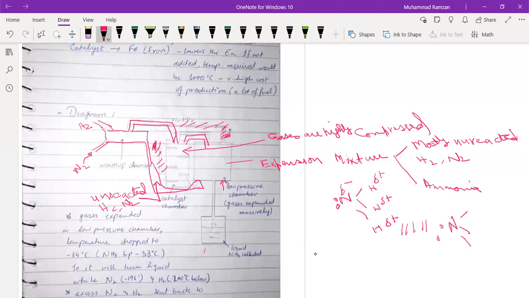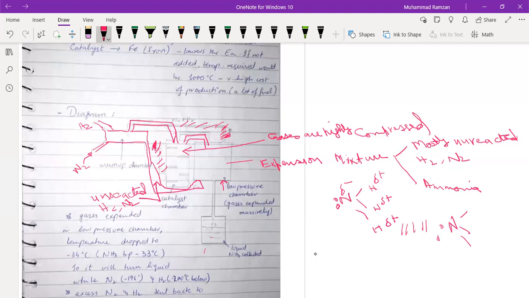Because of hydrogen bonding, the boiling point of ammonia is comparatively higher among gases, about minus 33 degrees centigrade. Due to expansion, the temperature drops to about minus 34 degrees centigrade.